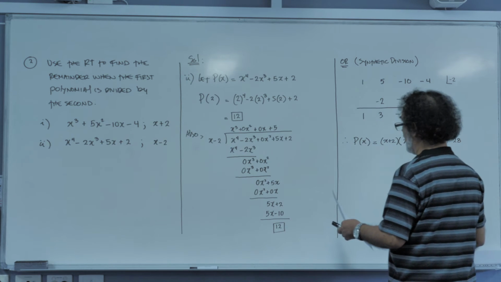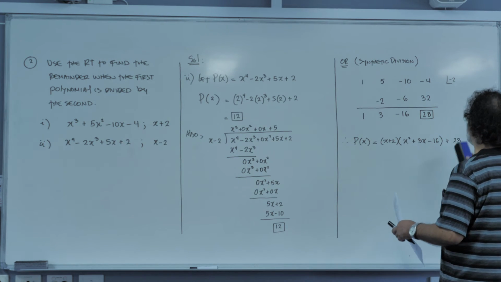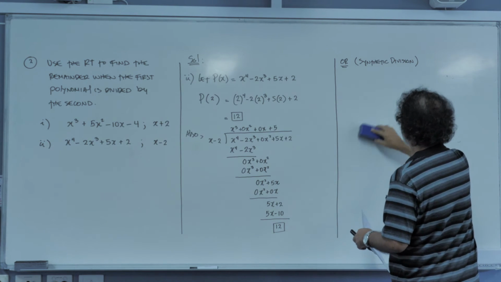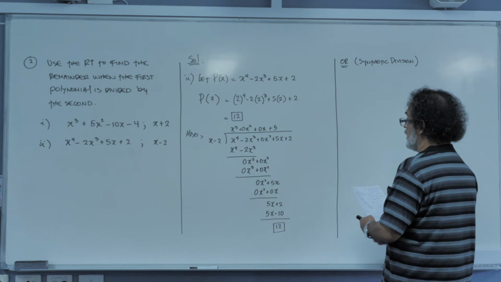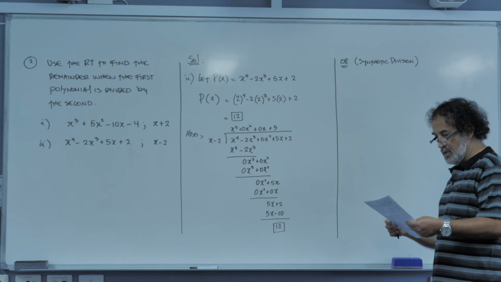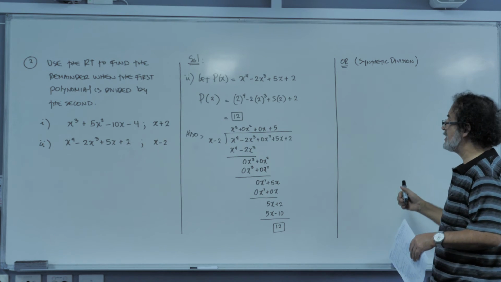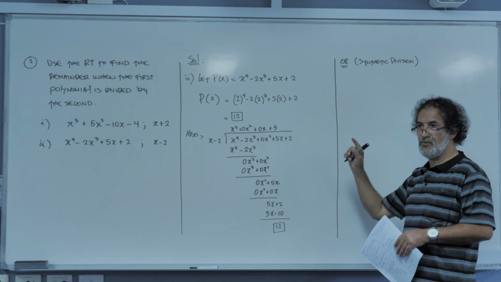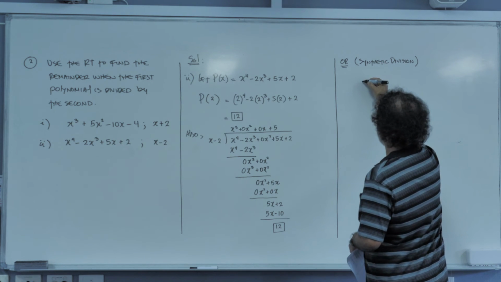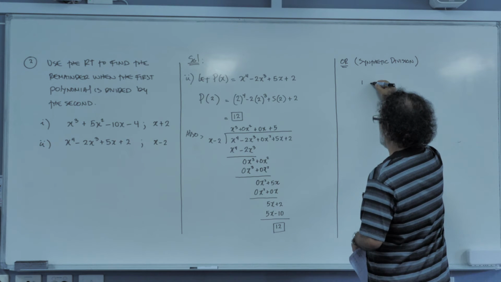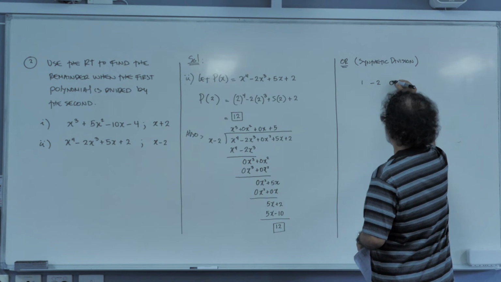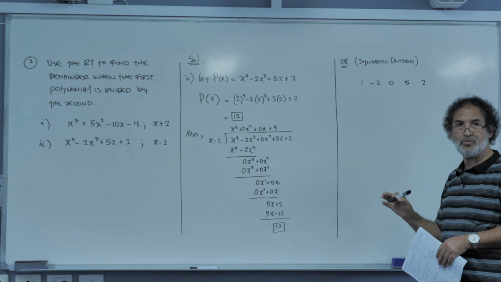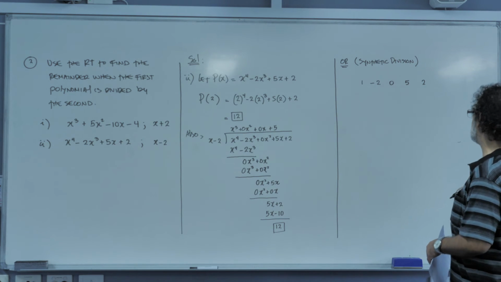Okay, let's see what happened with the synthetic division. How it works for that one. Okay, so when doing the synthetic division, we're going to put all the coefficients, including the missing one. All right? So we're going to do 1, minus 2, 0, 5, and 2. Okay, so you have to put also the missing one.